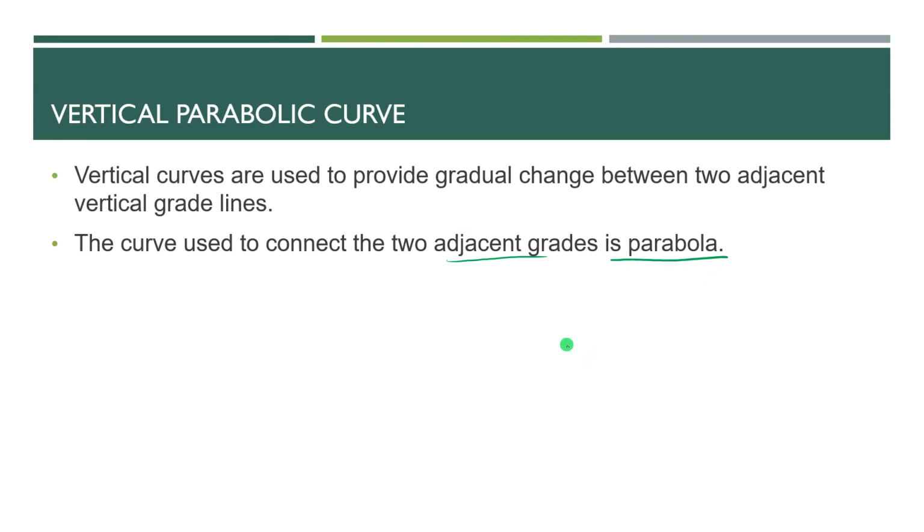So why parabola? Why do we use a parabola as the curve for the vertical curve? Why not a circular curve, which is used on the horizontal curve? Why parabola?